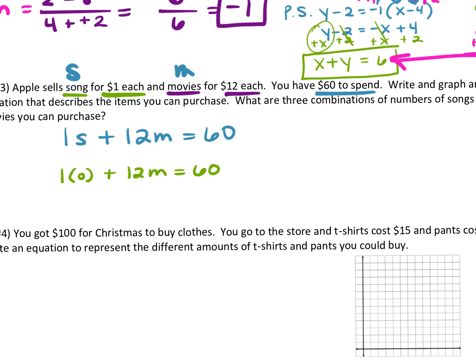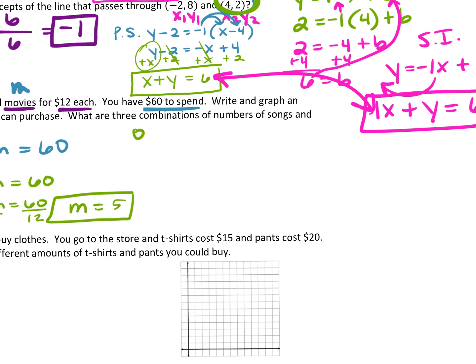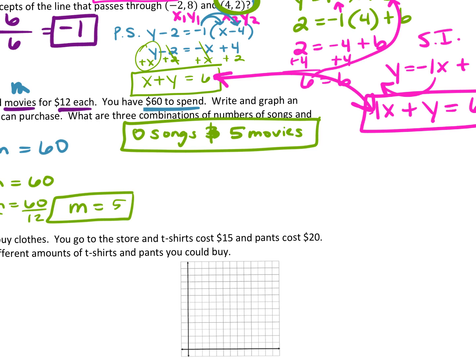So if 12m equals 60, how many movies could you buy? 5, okay? So that means if you bought 0 songs, you could buy 5 movies. We'll just make that an and. Okay, so that's one combination of songs and movies that would get you $60.